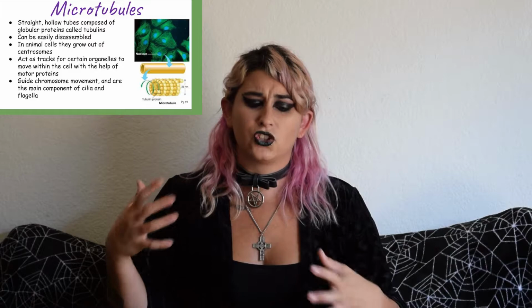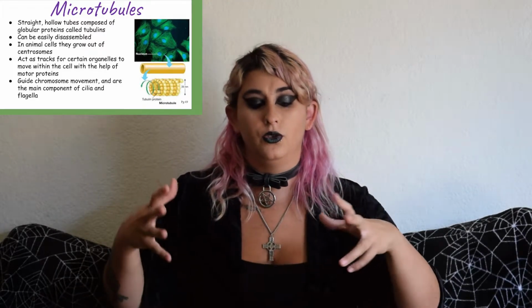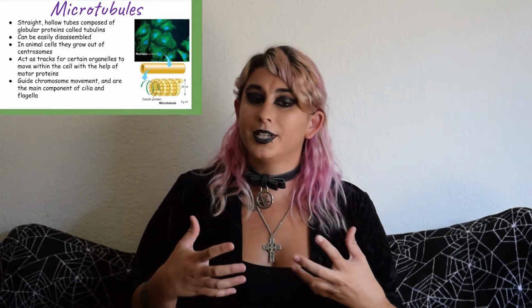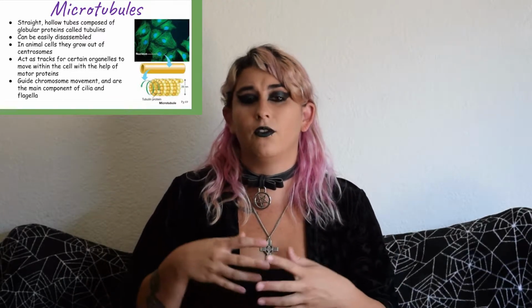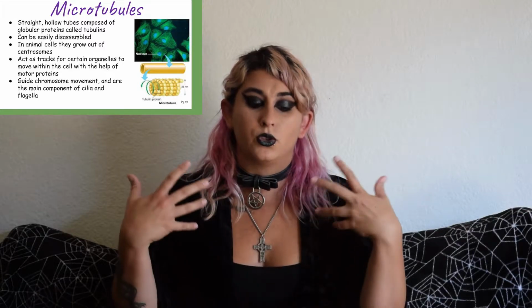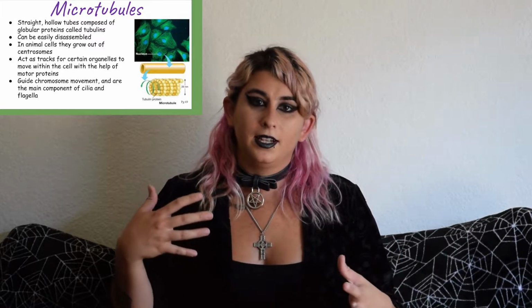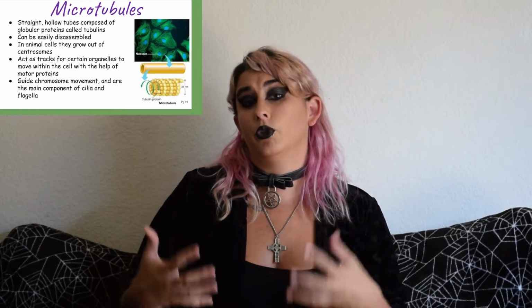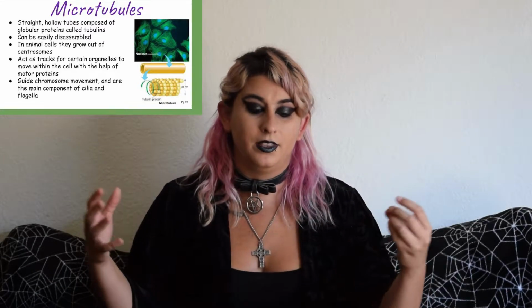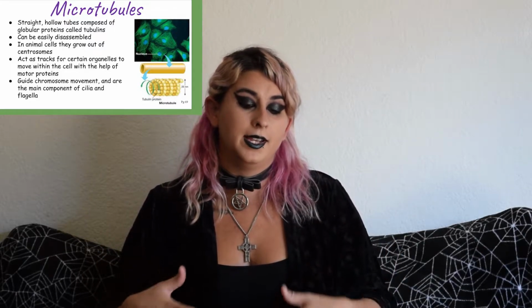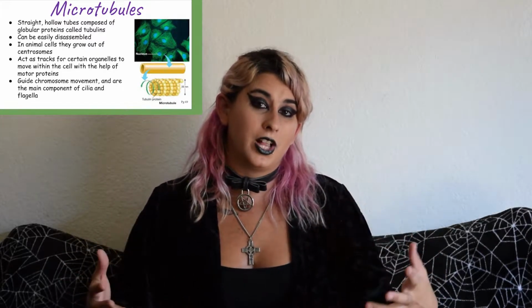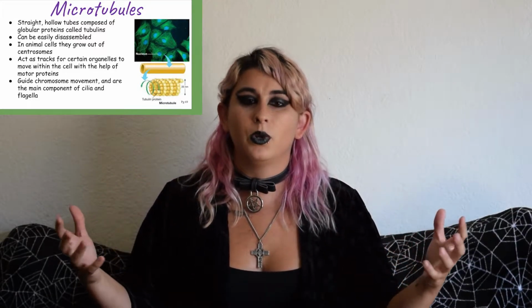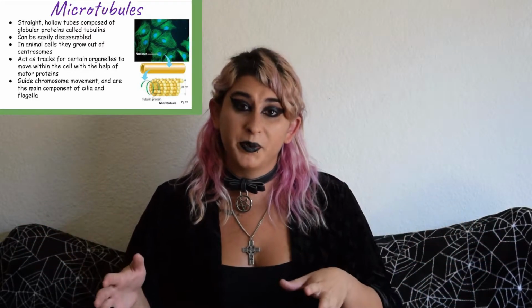And they act as tracks for certain organelles to move within the cell with the help of other motor proteins that allow those organelles to walk along the microtubules. Another important function of them is that they also guide the chromosome movement when cells divide. And they're the main component of cilia and flagella, which are things that help cells move. And we will get into that in just a moment.